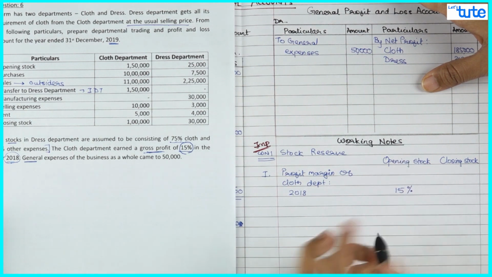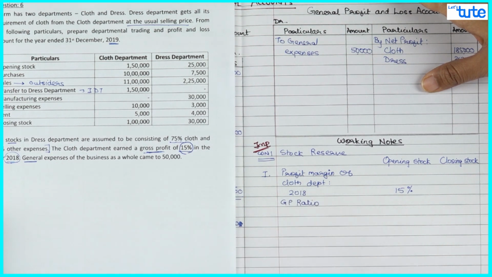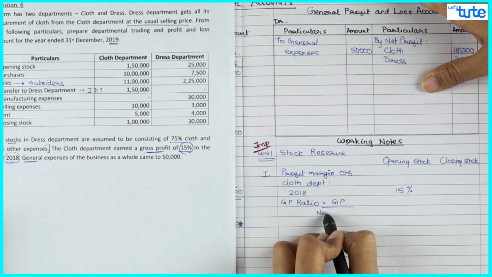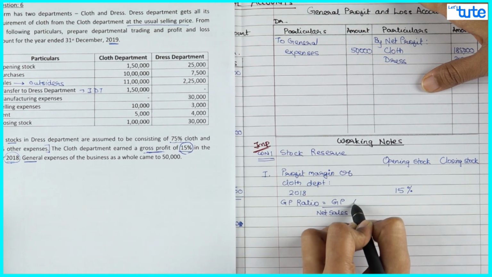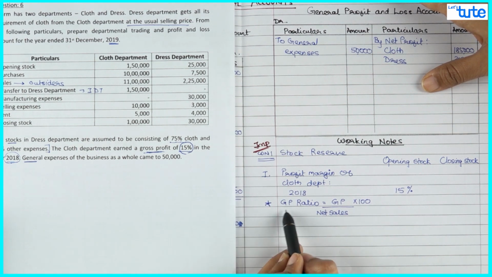But for the current year, we need the gross profit ratio. What is the formula for this gross profit ratio? It is gross profit upon net sales into 100. Okay, do remember this formula, GP ratio. Now GP ratio is gross profit ratio.